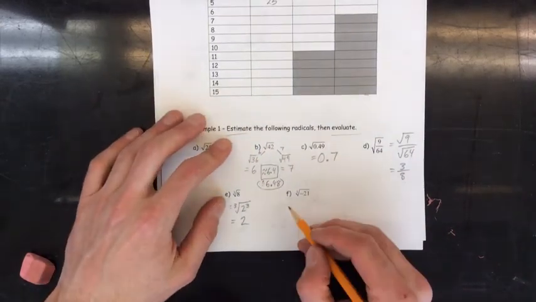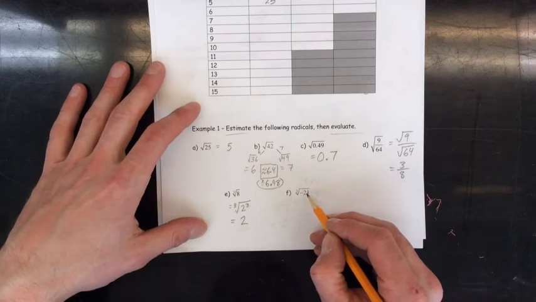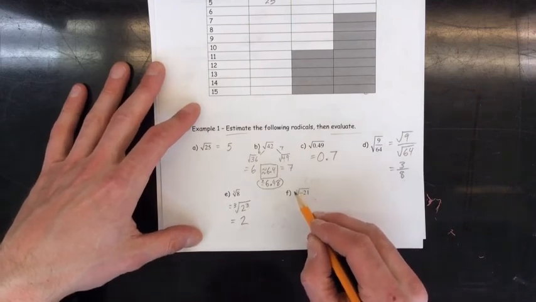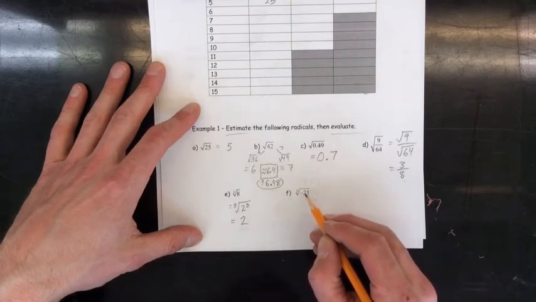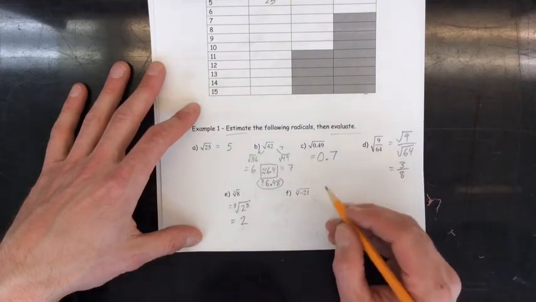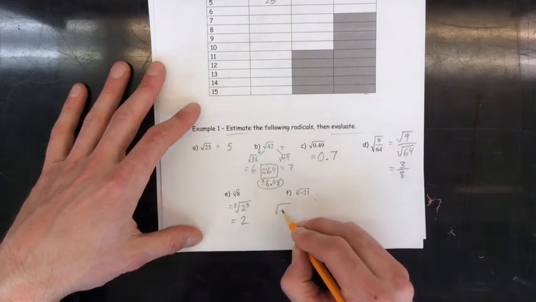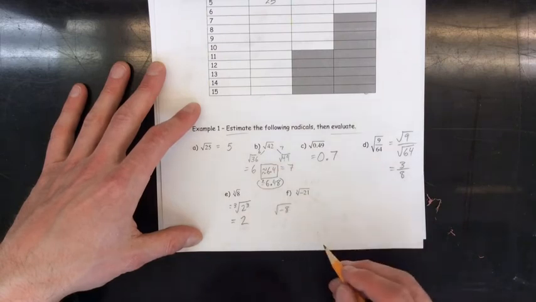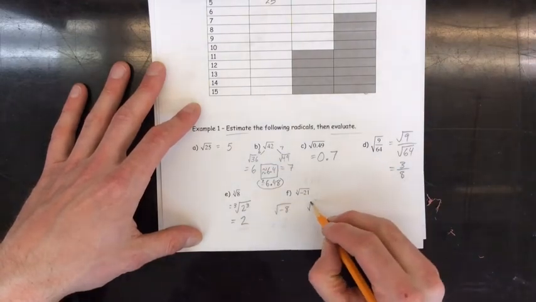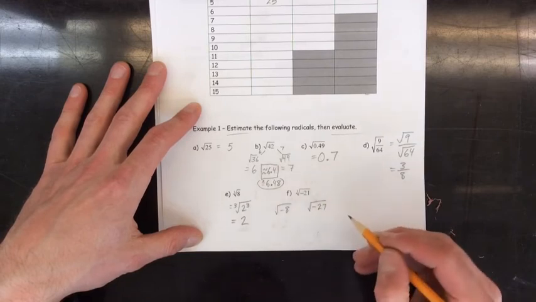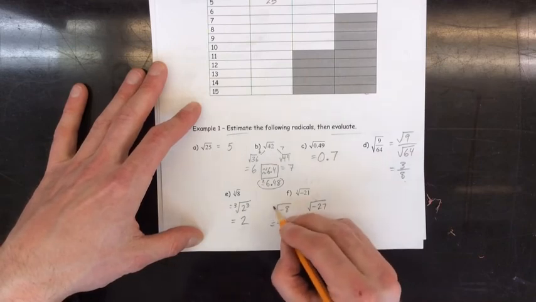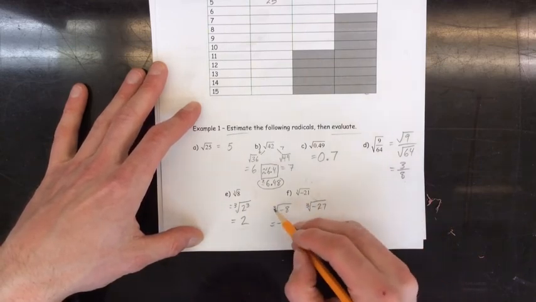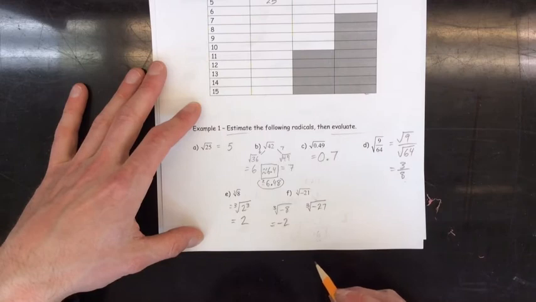Well, if we're estimating the cube root of negative 21, we haven't dealt with negatives yet, but it's okay as long as this root is an odd number, because then we'll have an odd number of negatives, which will give us an odd value. So if I look at the two perfect cubes on either side, I can look at negative 8 and negative 27. Because the cube root of negative 8 would be negative 2.